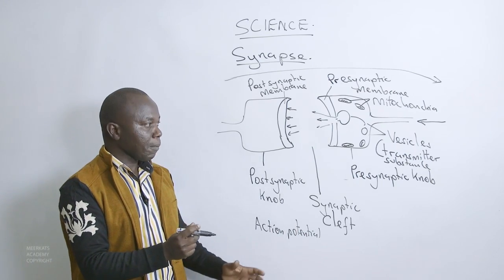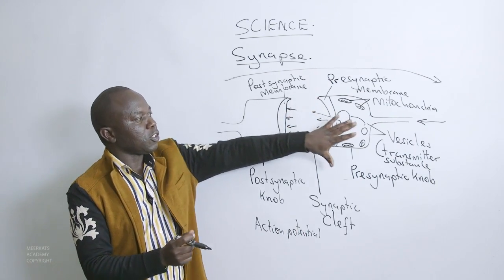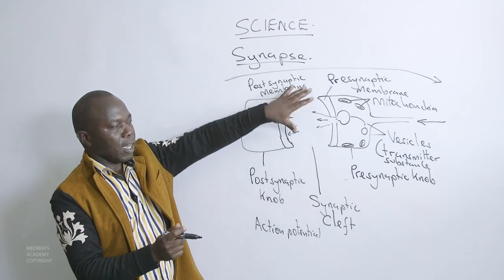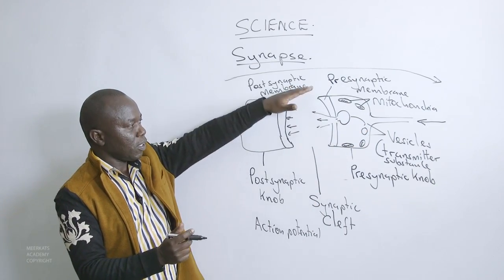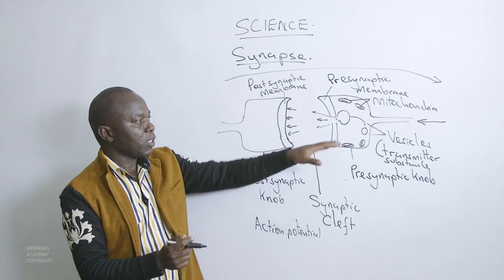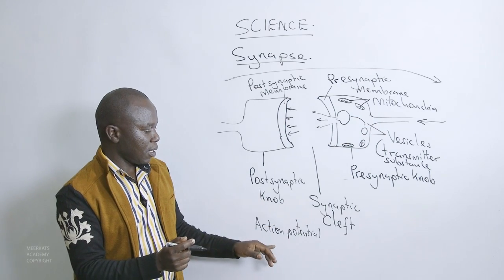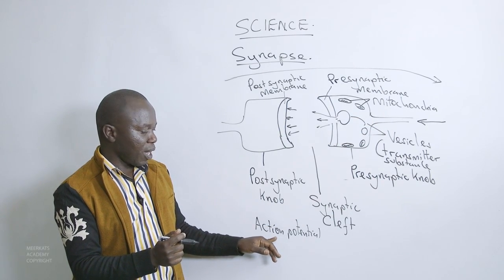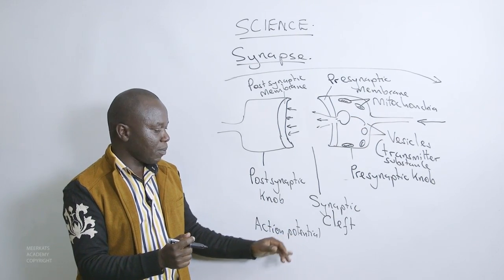Action potential, meaning without stimulation, there is nothing happening. There is no flow of nerve impulse across the cleft. But once the nerve impulse reaches there, then we are going to have an action potential. Something is happening.